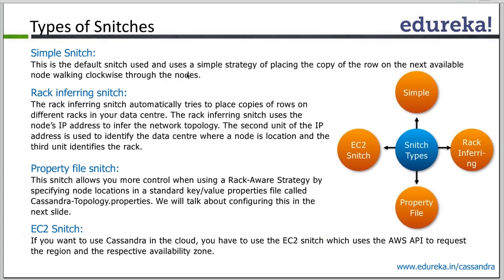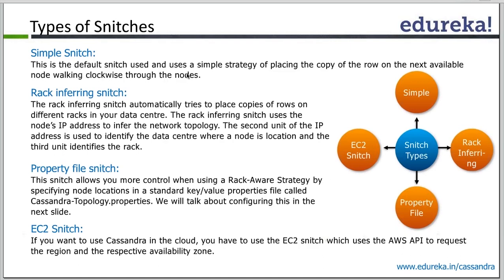So the rack inferring snitch uses the location of the racks and makes sure that the copies are placed in different racks. It uses the IP to infer the network topology, and the second octet of the IP address is used to identify the data center. We'll look at this. There's a file called cassandra-topology.properties, which is what we call the property file snitch.